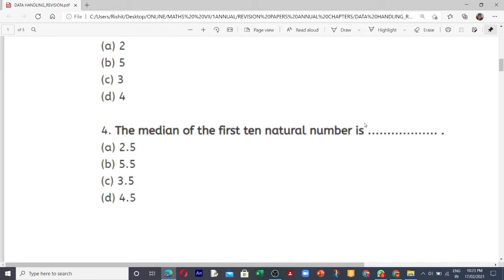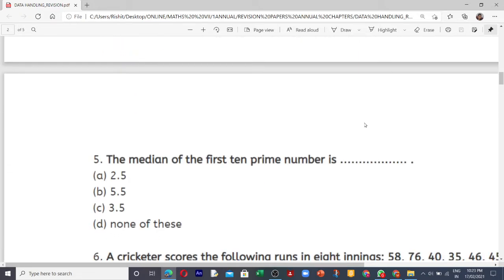Now next. Question number 5. The median of the first 10 prime numbers. You just write down the prime numbers in ascending order first. You have to take the first 10 prime numbers.